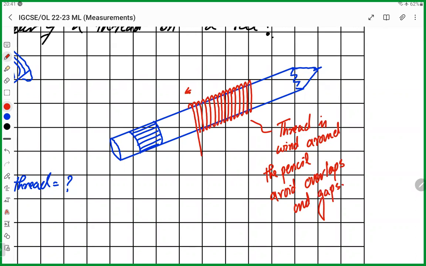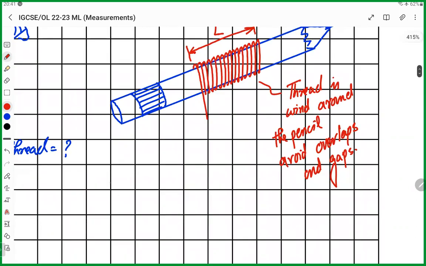Can we measure this reasonably long reading? Is it a measurable thing using a ruler? Yes. Good, got it.